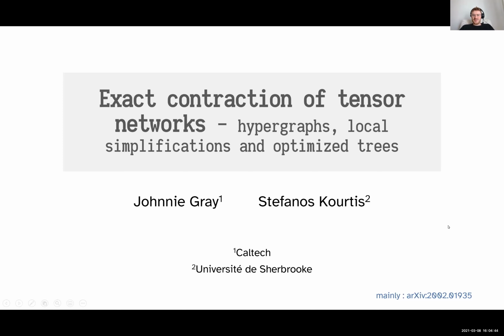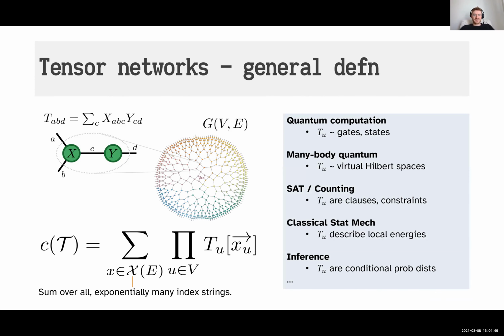Is my computer working? Okay, yeah, so I'm assuming everybody knows what tensor networks are pretty well. At any point, please do jump in with questions, but just to set a general context for this, tensor networks we think of as these simple local rules describing how you contract tensors with a very nice graphical interpretation.